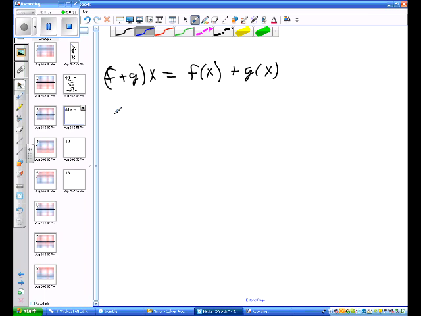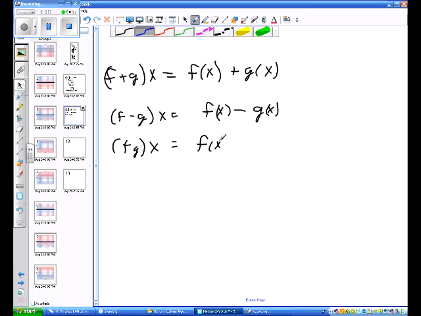If we have f minus g of x, then that means we want f of x minus g of x. If we have f times g of x, then this simply means our function f of x times our function g of x.